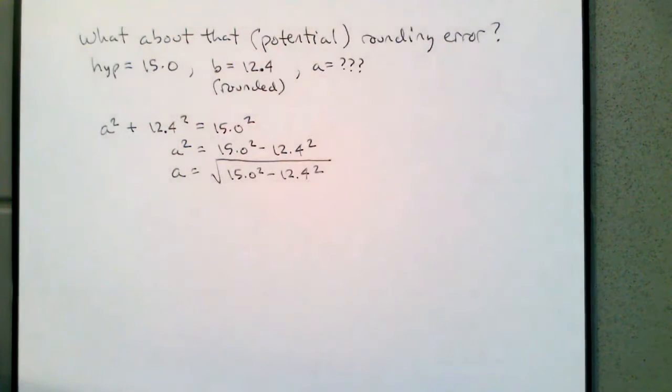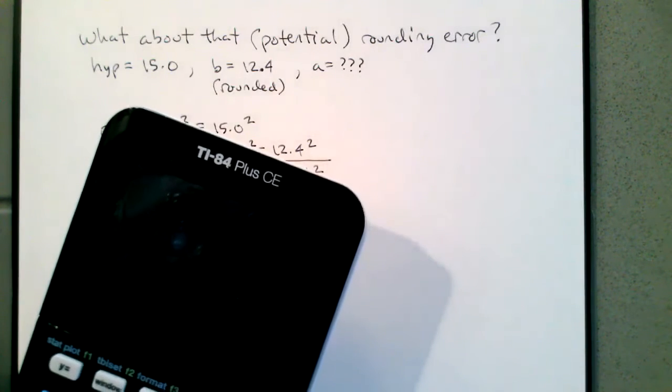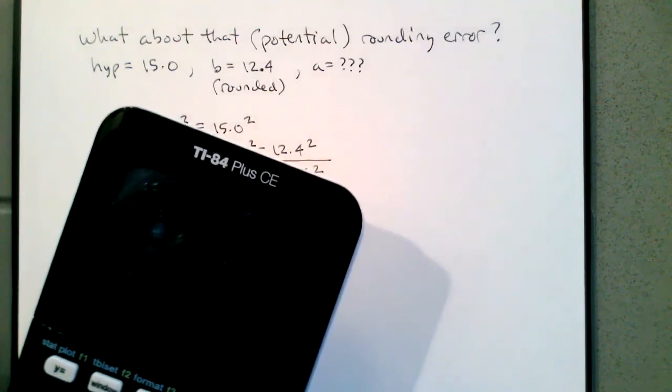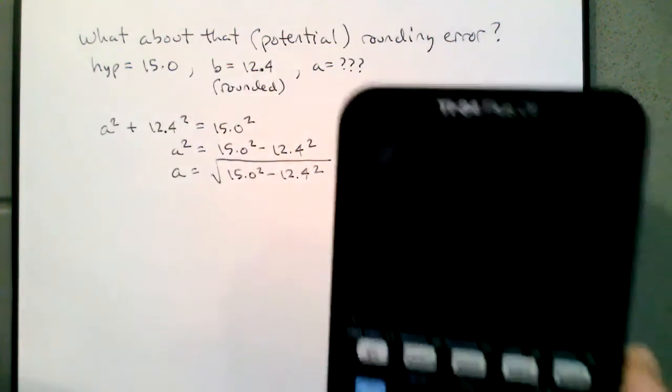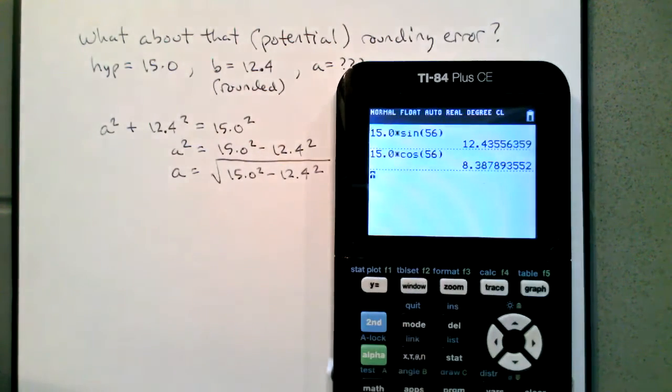Notice that I didn't use my calculator on 15 squared or 12.4 squared. And I didn't subtract those numbers and then take the square root. This is because I have a calculator that will allow me to hit enter one time for this calculation. If you can hit enter one time, then you should hit enter one time for your calculations. I'm going to plug this whole thing in all at once. So I want the square root of a bunch of things.